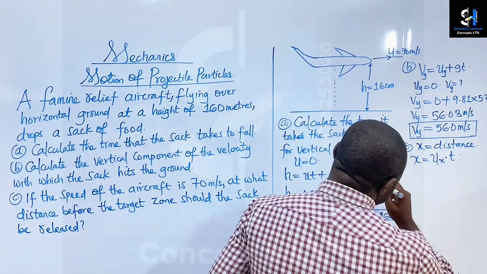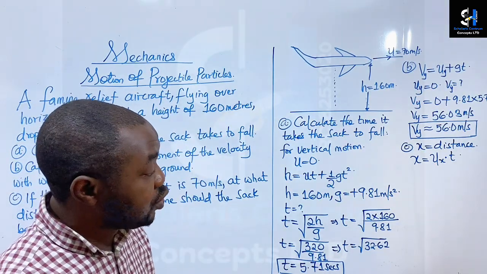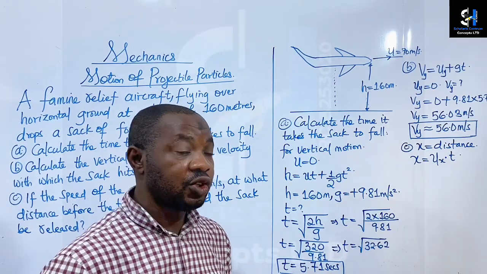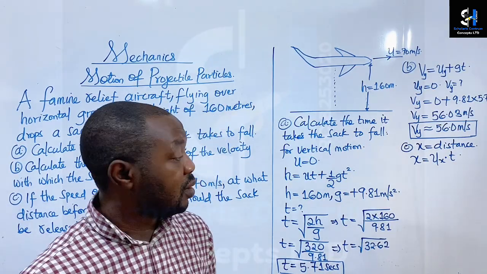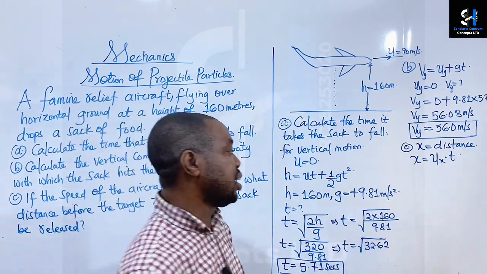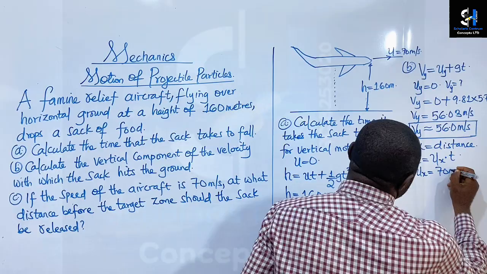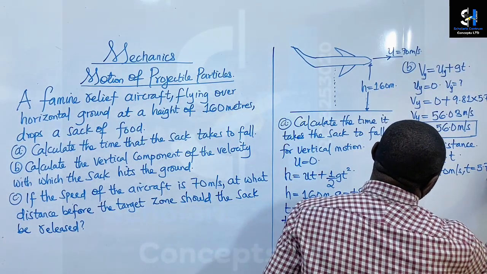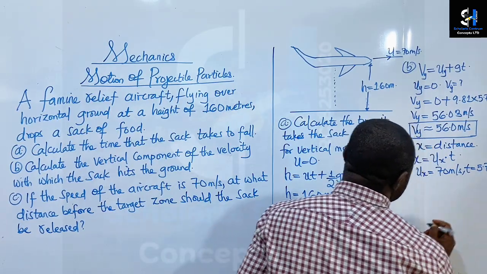Because we know that velocity measures distance traveled over time, if we make x the distance the subject of the formula, we can have x equal to horizontal velocity multiplied by time. We know that horizontal velocity is 70 meters per second, while the time is given to be 5.71 seconds.